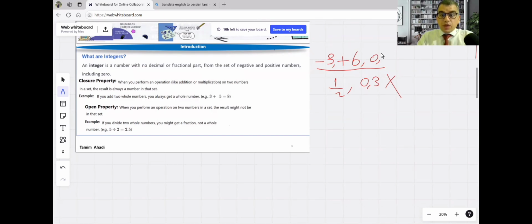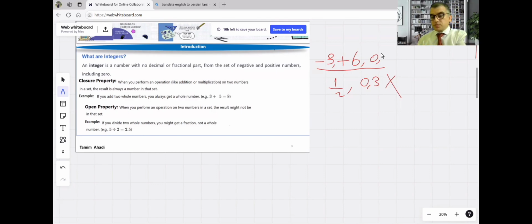So whenever we pick two elements from a set of numbers and we apply an operation, then if the result is again in that same set, we call that set of numbers closed under that specific operation.